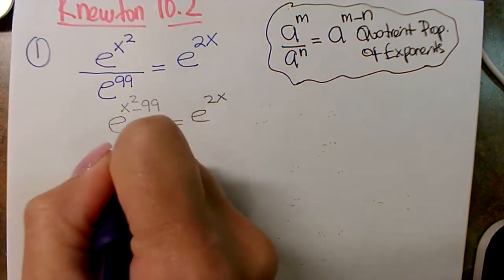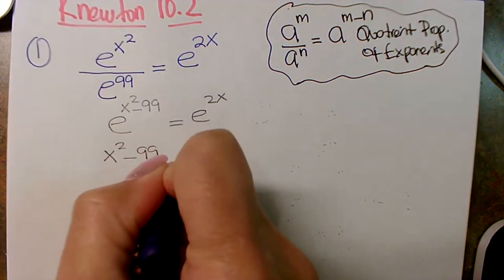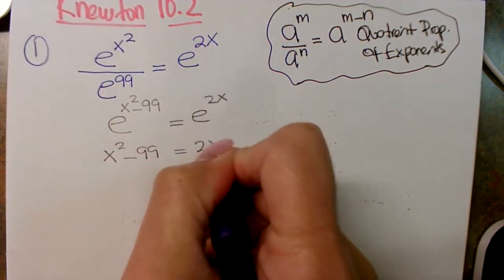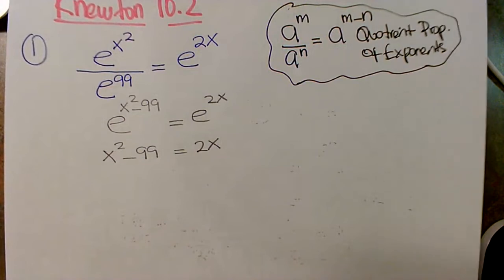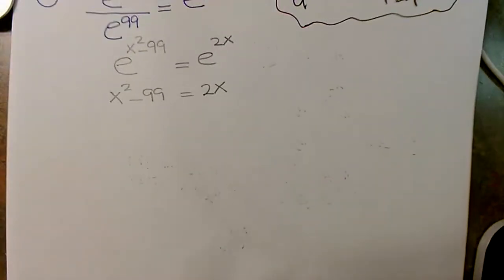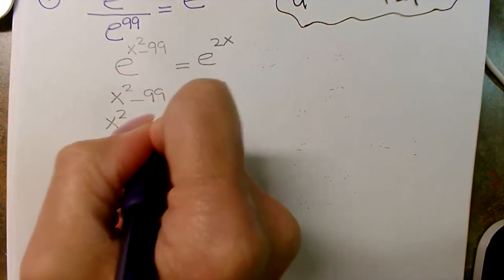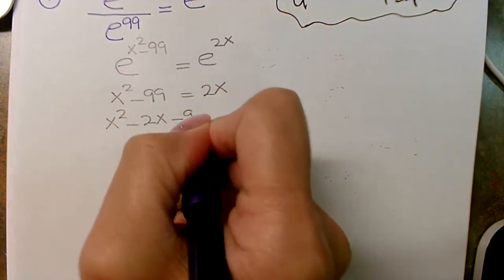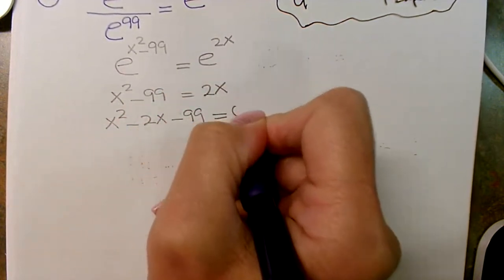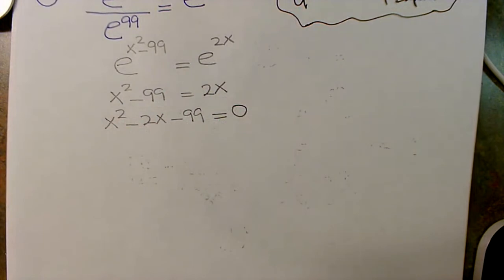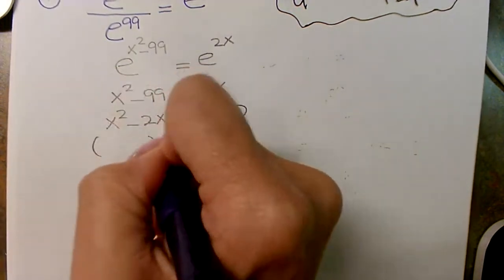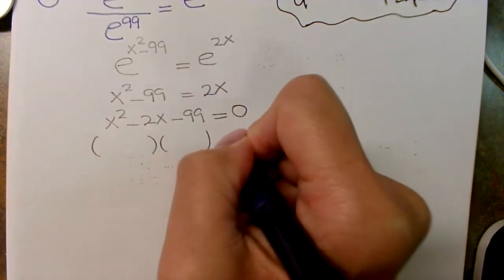So x squared minus 99 is equal to 2x. If I move this one to this side, I get x squared minus 2x minus 99 is equal to 0.